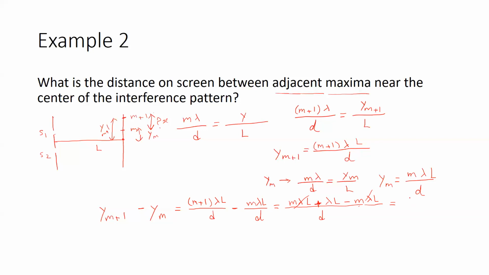So it equals lambda L divided by D. So the distance between two consecutive bright parts, between any one and the next one, is just lambda L divided by D. Lambda is the wavelength, L is this distance, and D is the distance between these two slits. And the unit definitely is meter.